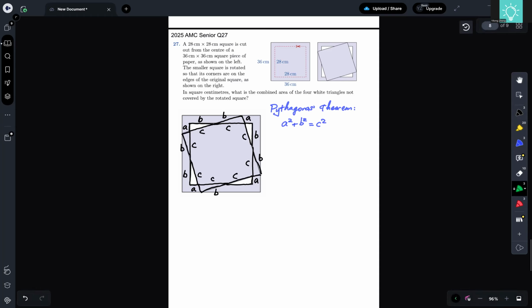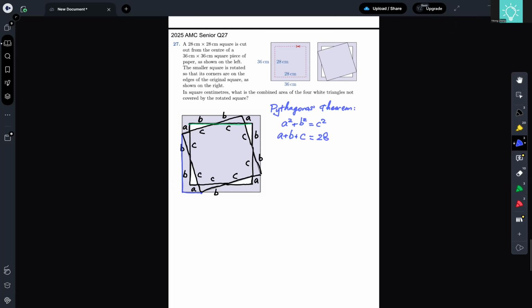As you can see, in any of these sides, we have A, B, and C all appearing once. And we know what that length is. We're given in the question that it's 28. Okay. Maybe that's not enough information for us to work out what A, B, and C are, but we also have this.